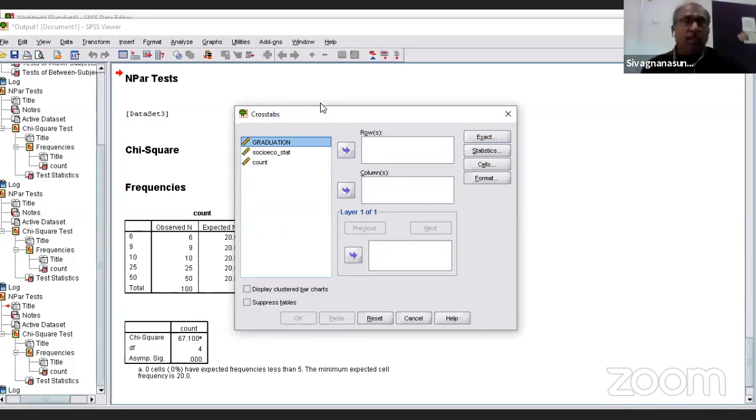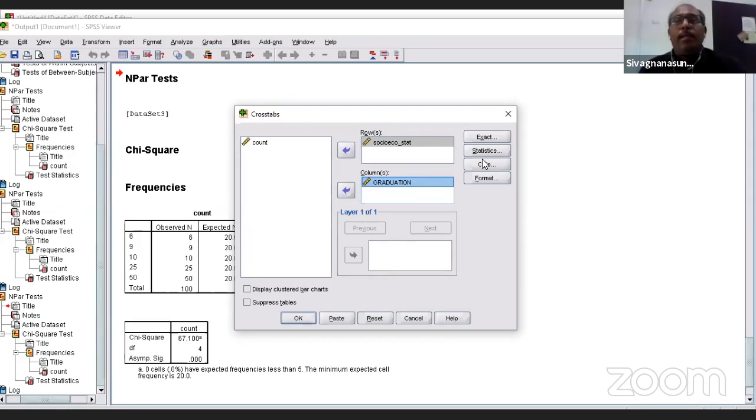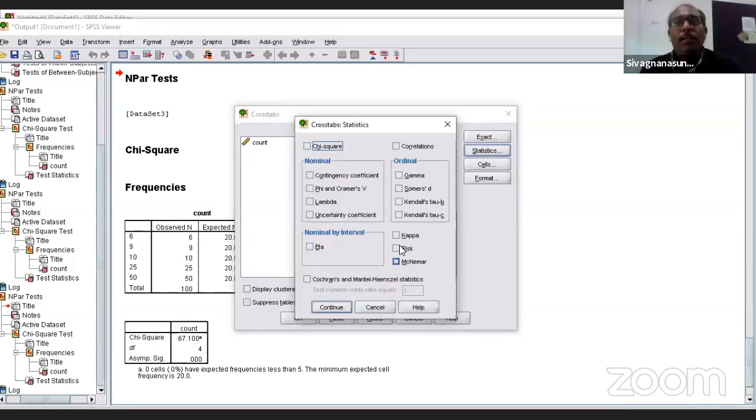Under cross tabulation, I'm moving socioeconomic status to rows and graduation to columns. Then under statistics, I'm taking chi-square.